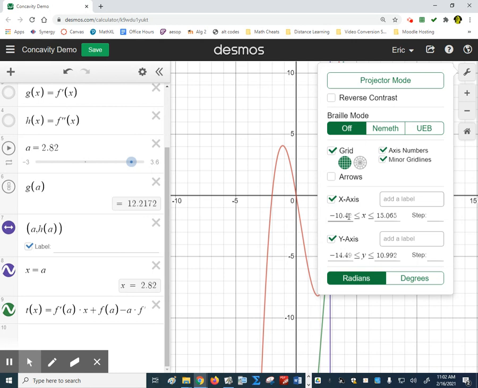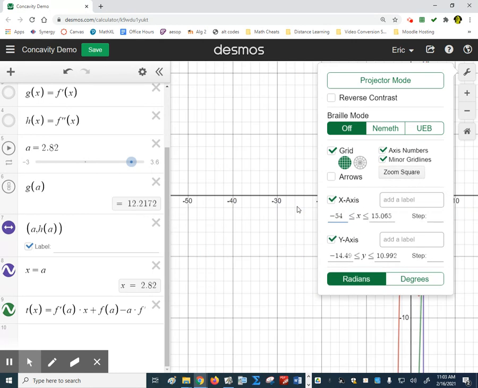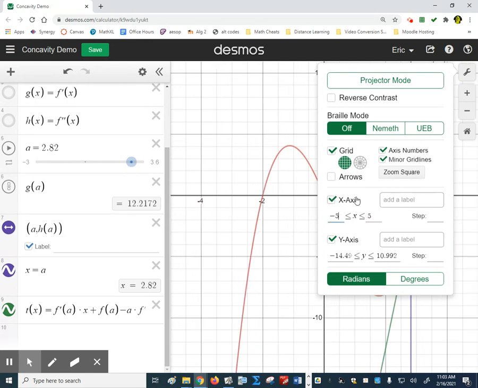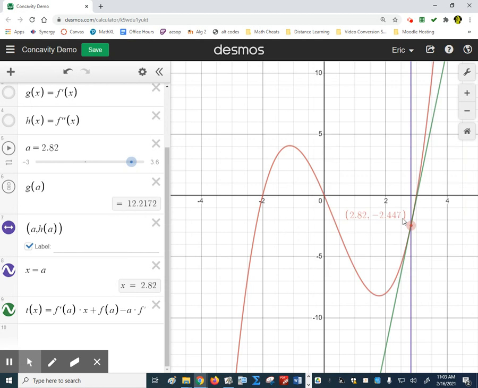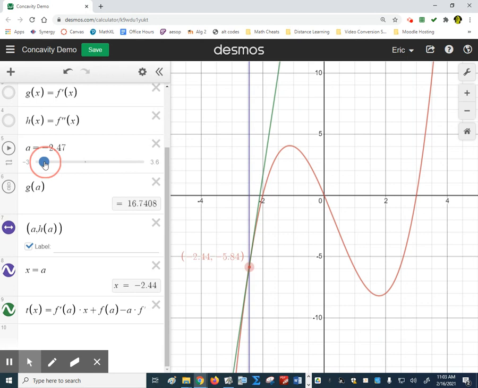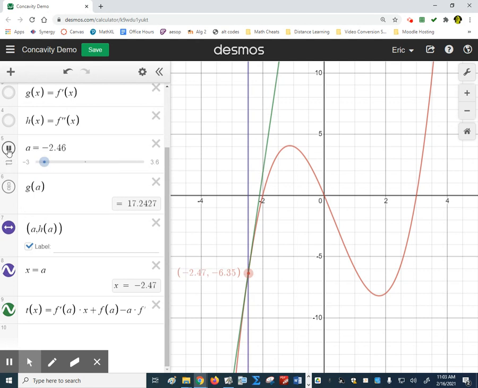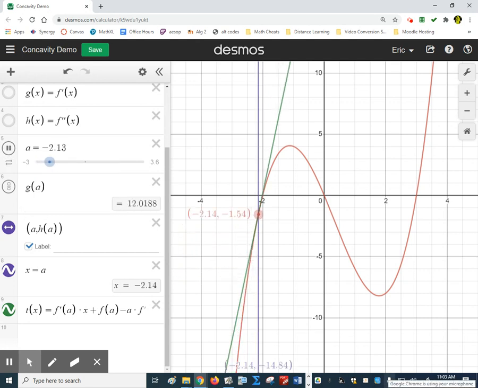Let me stretch out the x-axis just a little bit here. Let's try that. Let me drag this point back again. Watch this process again. I'll slow it down even a little bit more. Look where the green tangent is.